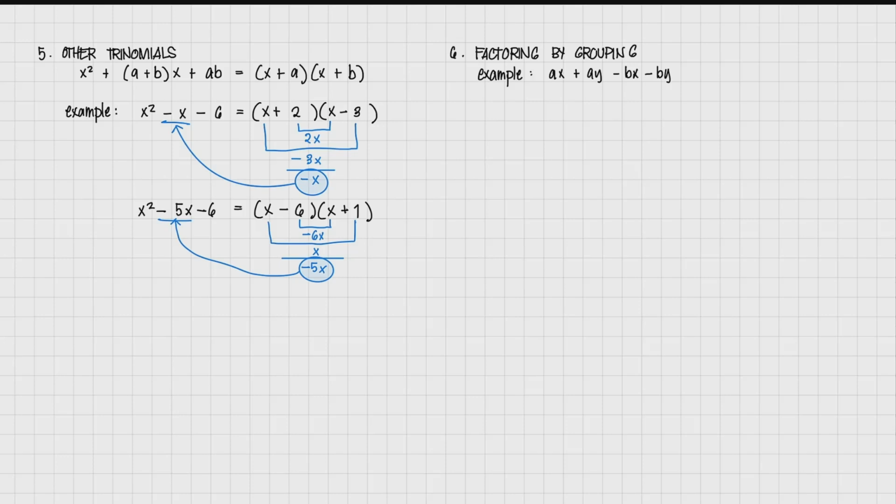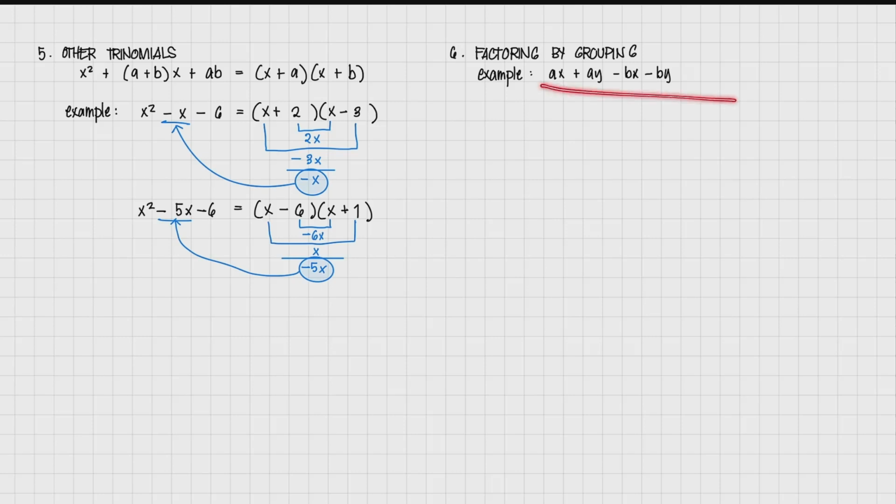Polynomials consisting of 4 terms can sometimes be factored by the process of factoring by grouping. This process is so named because it begins by grouping terms within the polynomial and factoring each group. So I think it is best illustrated by examples.